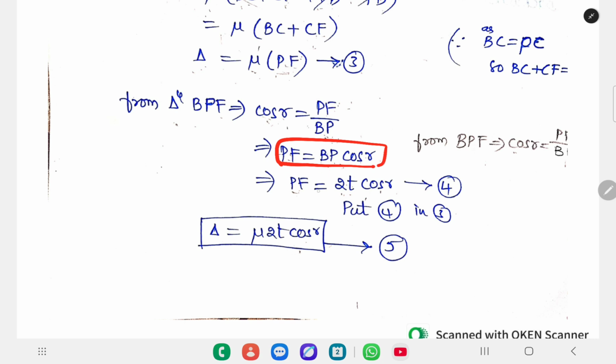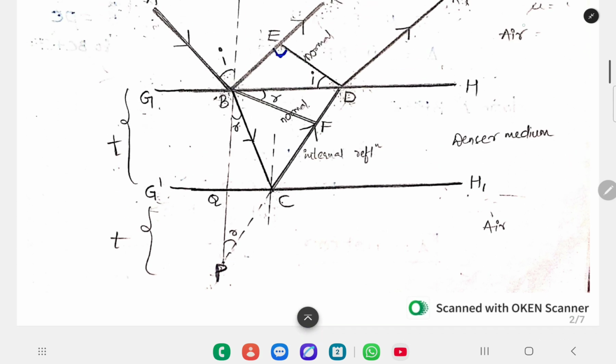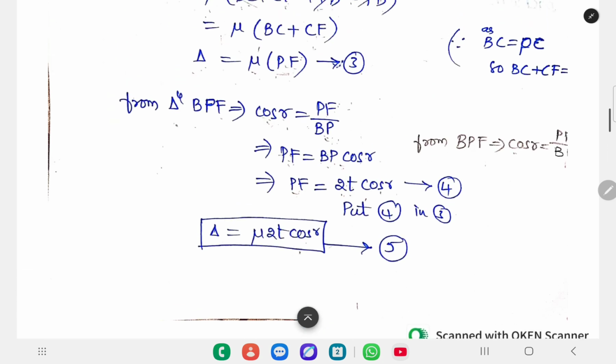And BP is 2 times the thickness, 2T. You can check in the diagram: this is T, this is T, so BP is 2T. So PF is equal to 2T cos r. Let this be the fourth equation.